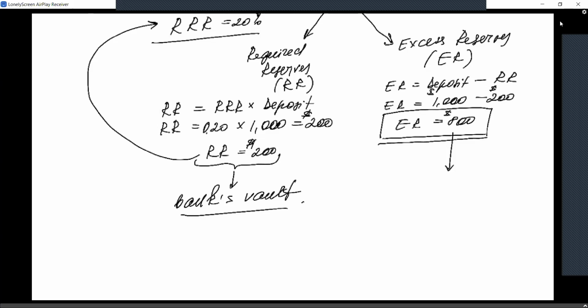And there I walk in and I ask for a tiny loan, just till the next paycheck, maybe about $800. Can you lend me $800? And the bank says, sure, of course we can lend you $800. We just got excess reserves of $800. We can't let this money simply sit and do nothing. We can lend it to Professor Melkumin and earn some interest, okay?